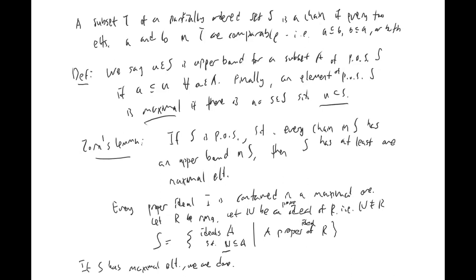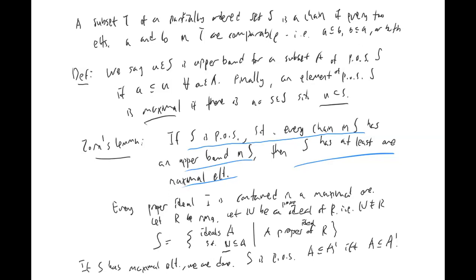Everyone follow? I need you to follow this because we're going to prove S has a maximal element. So how do we show it has a maximal element? Well, Zorn's lemma. So we are going to define S to be a poset by saying A is less than or equal to A prime if and only if A is a subset of A prime.